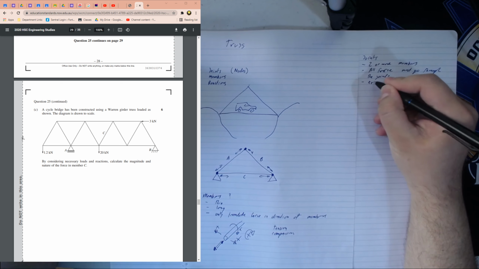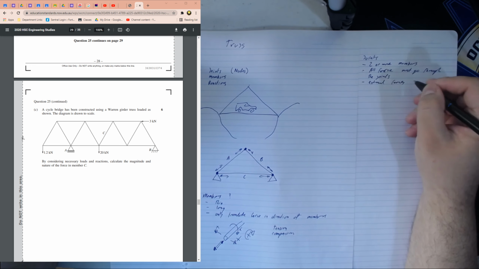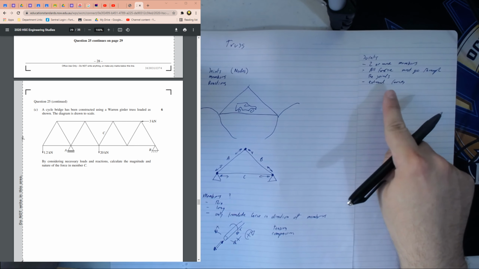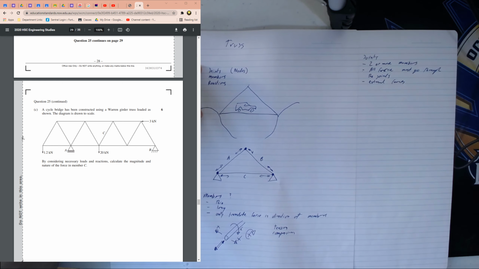So external forces have to enter the scenario on a joint or a node, which makes sense because you can't put an external force on a member, because a member can only handle force in this direction.